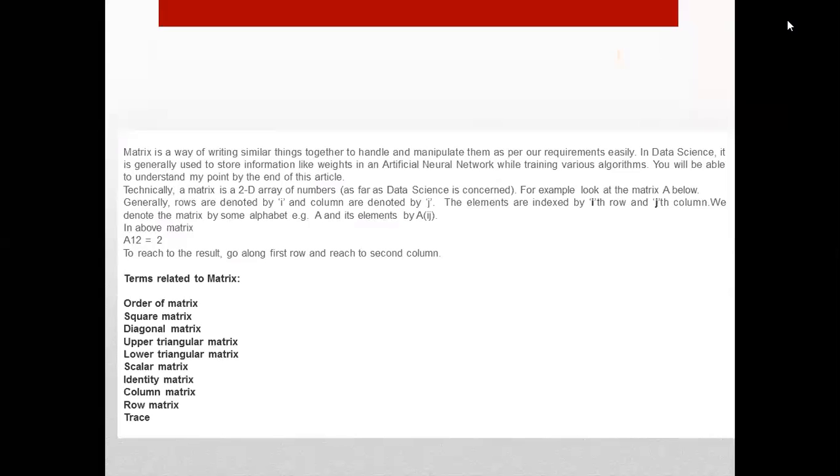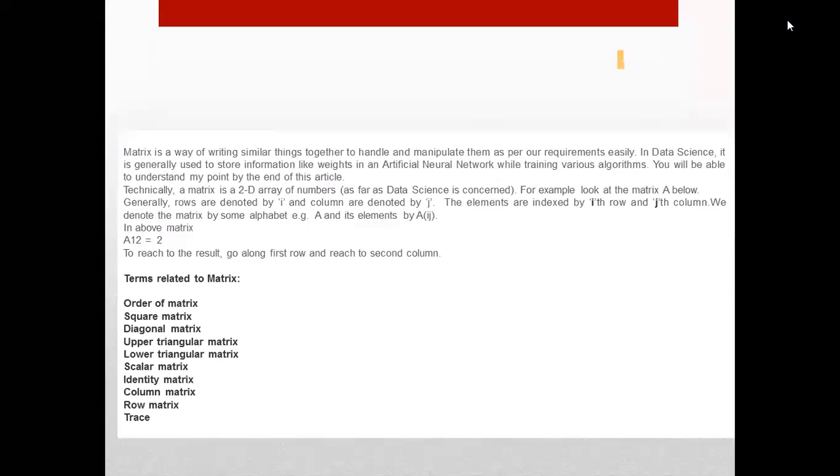Then the identity matrix is a square matrix with all the diagonal elements equal to 1, and all the non-diagonal elements equal to 0. So all these I will show you later when we do the operations on these. Then we have the column matrix, the matrix which consists of only one column.